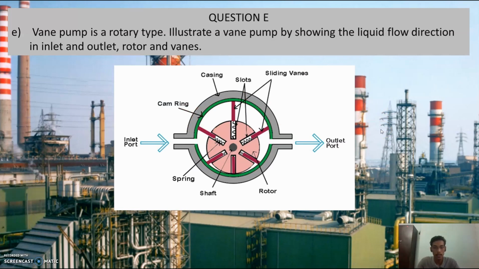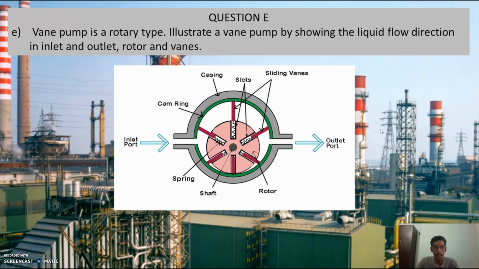When the vane is at a position where the distance between the rotor shaft and casing is less, the spring of the vane is compressed to maintain contact with the cam ring. At this position, the area between the two adjacent vanes and the casing is also less. The pocket size is less.